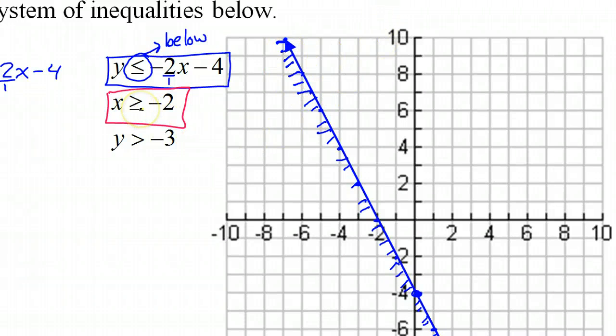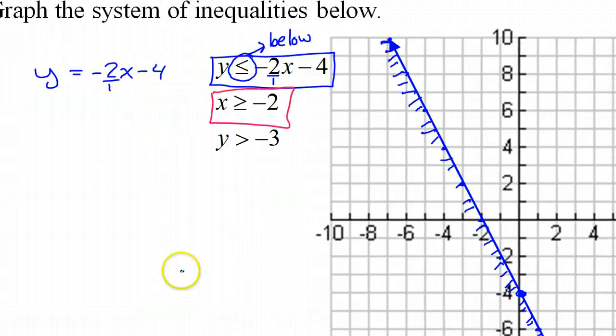Okay, now the next one. When you see a tiny equation like this, the related equation, of course, is x equals -2. This tiny equation is a special case. Is this vertical or horizontal? This is a vertical line.